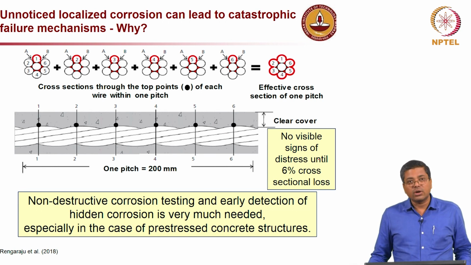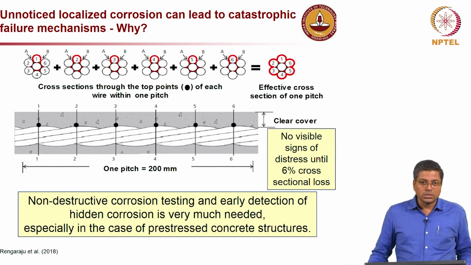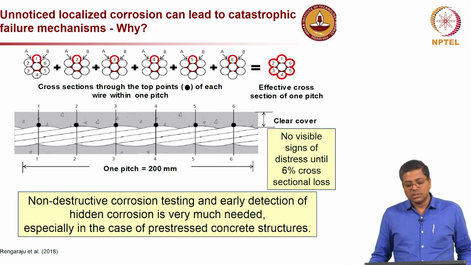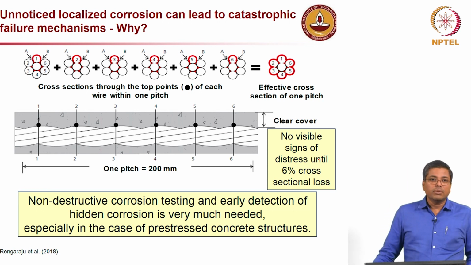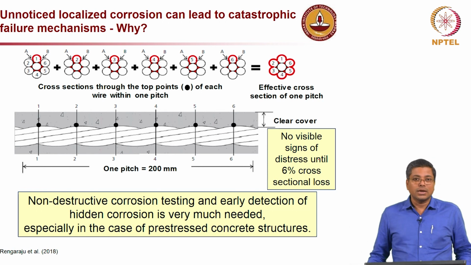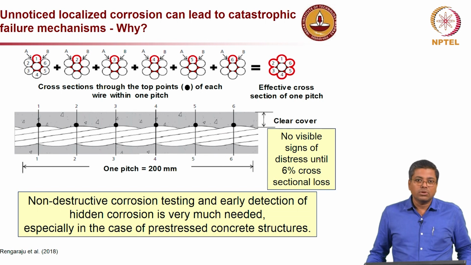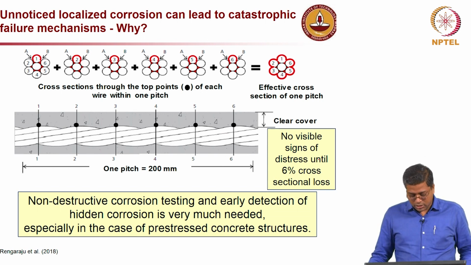So, it is very important for pre-stressed concrete to employ non-destructive testing and detect corrosion as early as possible, because once the corrosion starts, it is very dangerous. So, we have to take a preventive maintenance approach for all concrete structures. We must be able to detect corrosion as early as possible, or even before if possible, to be able to judge when it will start corroding, so that we can take preventive measures.